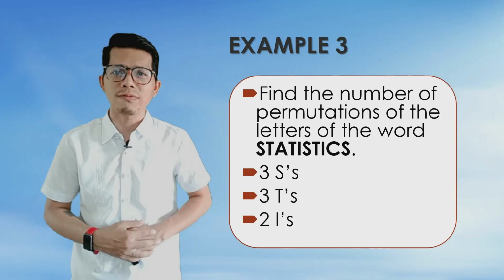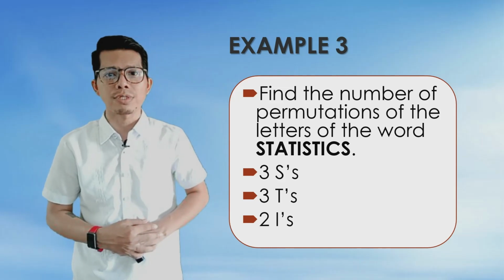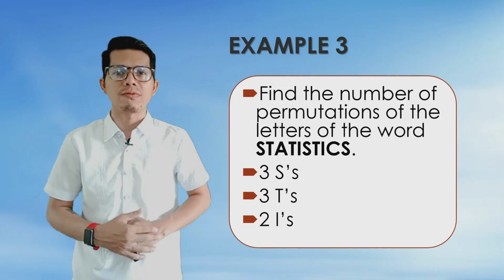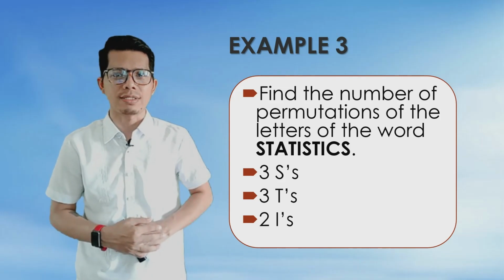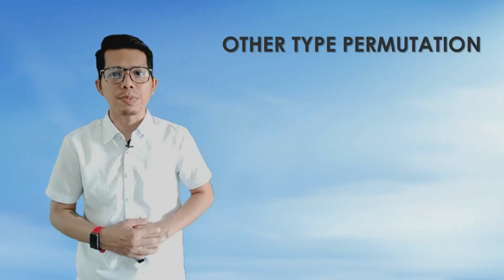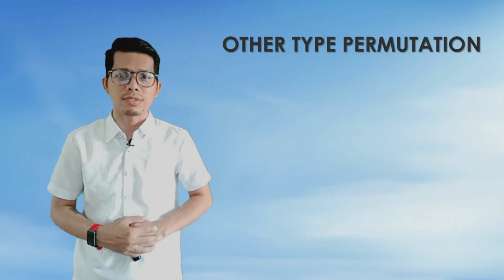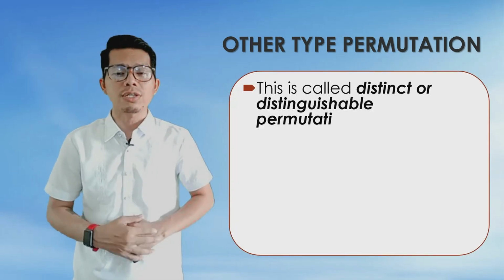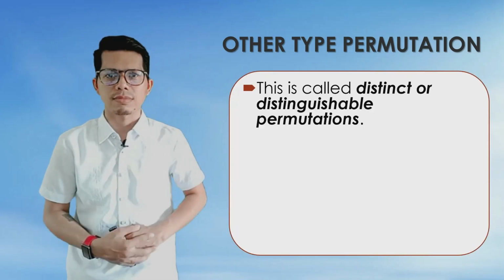Can we still solve this using the first and second formulas? We cannot solve this using those formulas because this is another type of permutation. This is called the distinct or distinguishable permutations.